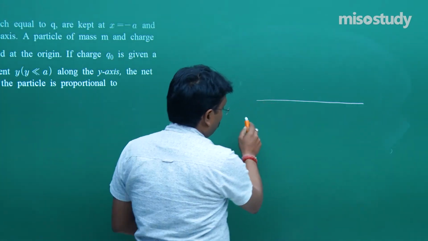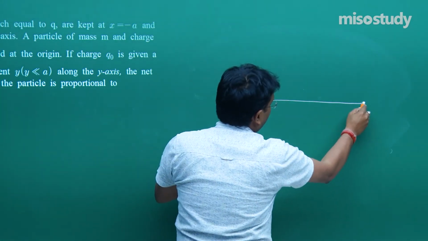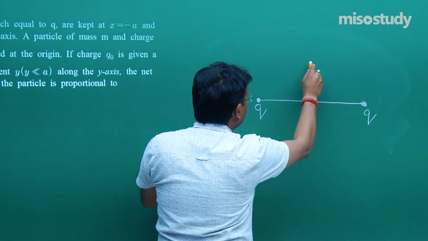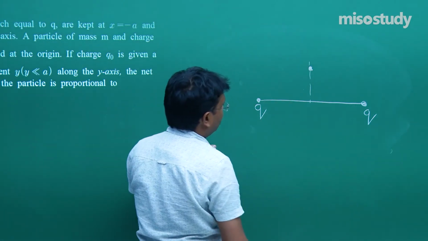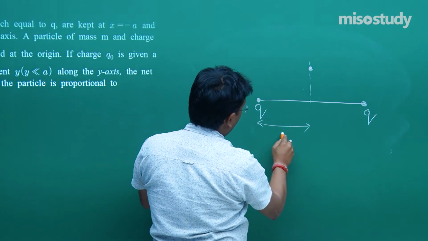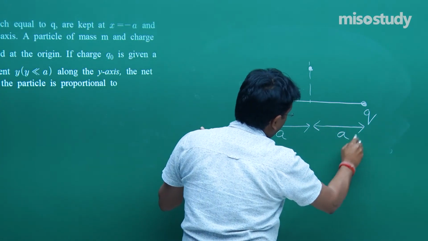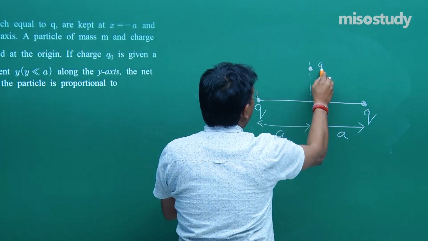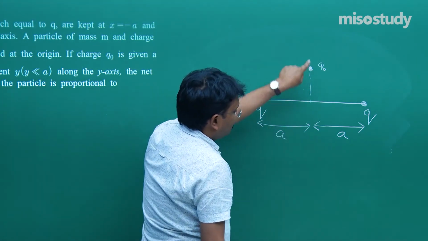Fine. So over here it is Q, and again Q. Now the charge, let's say, over here. So this situation is going to give you A and this situation is going to give you A. Now this Q0 is here, so it will move in this fashion.